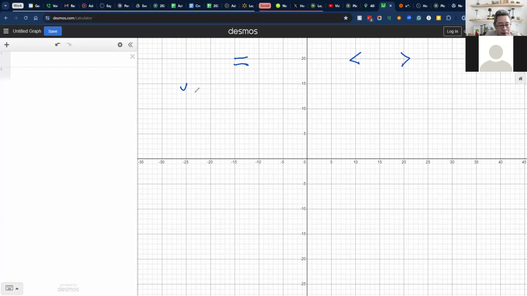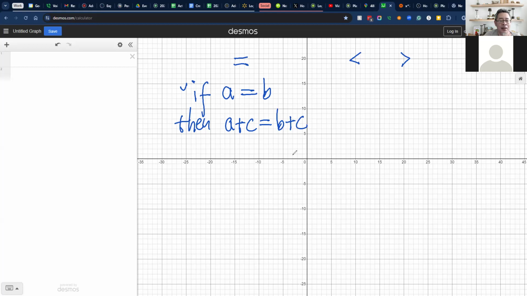For the equation, we have this: if A equals B, then A plus C equals B plus C. And for the inequality, we have this: if A is greater than B, or it could be less than, then this property holds.